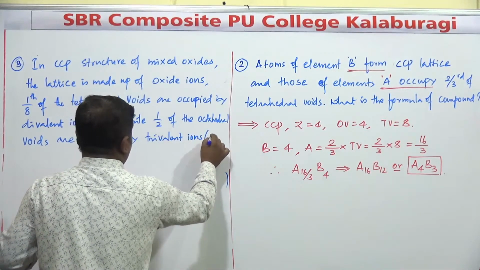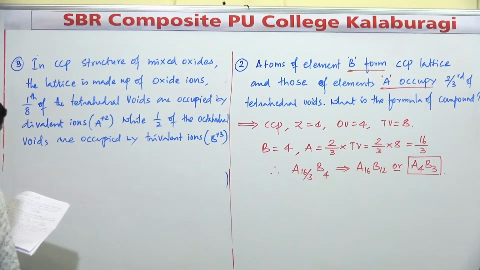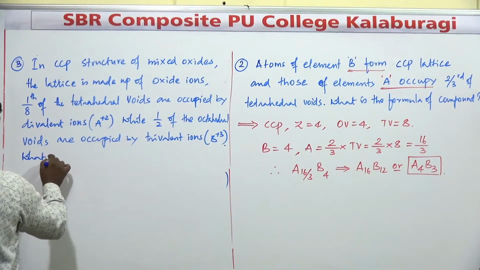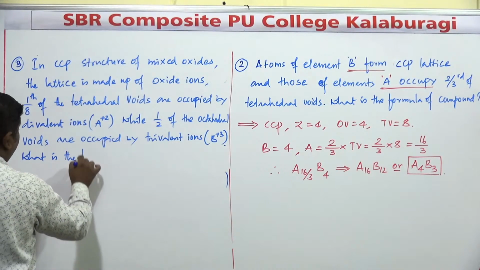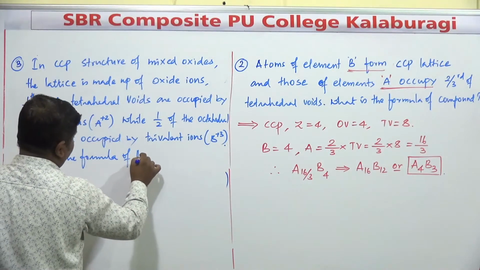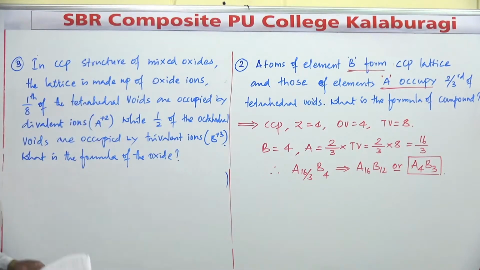That is B+3. This is a different formula. What is the formula of the oxide? This question has been asked in competitive examinations after giving 4 different options. What is the formula of the respective oxide?